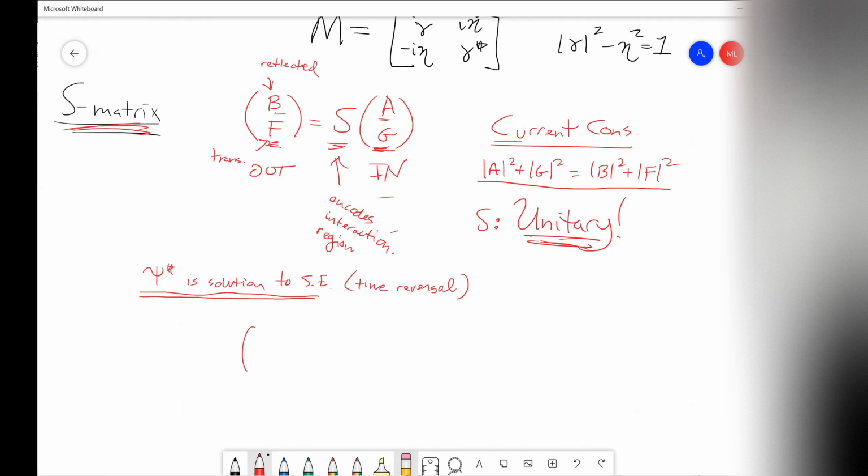So A star, G star has to be equal to S times B star, F star. When you complex conjugate the wave function, the e to the ikx's associated with that all flip signs. So if you have stuff that's coming in, it reverses direction, becomes stuff that's going out. So the in states become the out states and vice versa. So you replace A and G with B and F star, and B and F become A and G star.